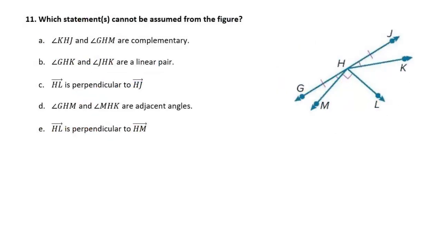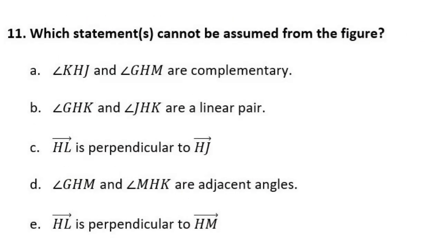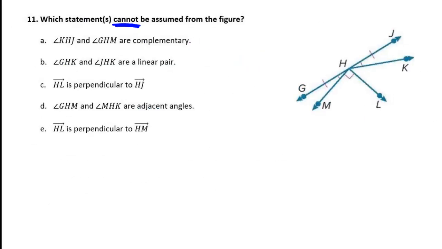Which statements cannot be assumed from the figure? Angle KHJ and GHM are complementary. Can we assume that from the figure? No, so I'm going to circle that. Angle GHK and JHK are a linear pair.